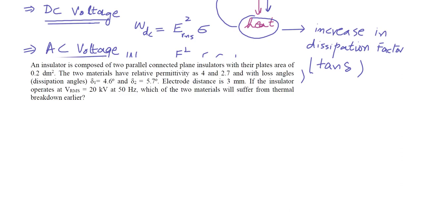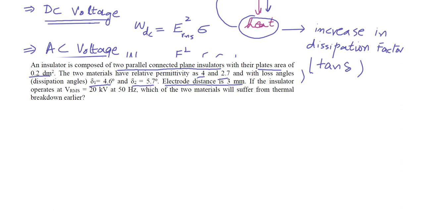In this example, we are given an insulator which is composed of two parallel connected plane insulators, and their plate area is 0.2 decimeter square, and the two materials have relative permittivities of 4 and 2.7, and their loss angles, dissipation angles, are 4.6 and 5.7, and the electrode distance is 3 mm, the distance between the high voltage and the ground electrodes.